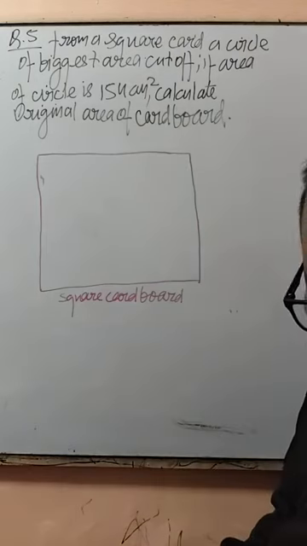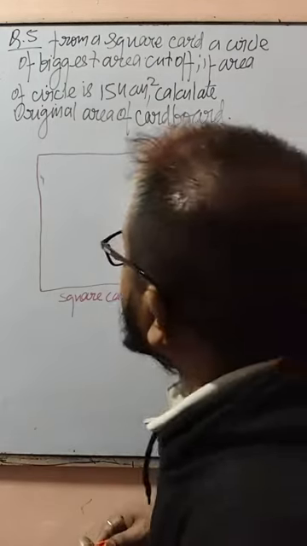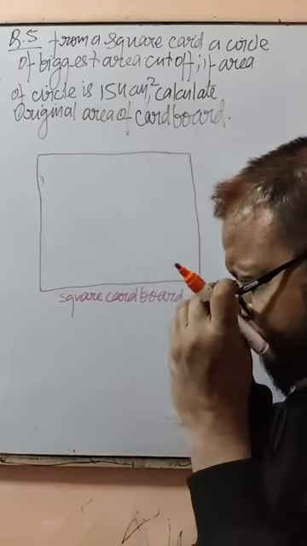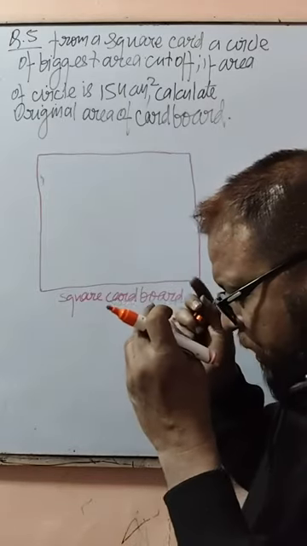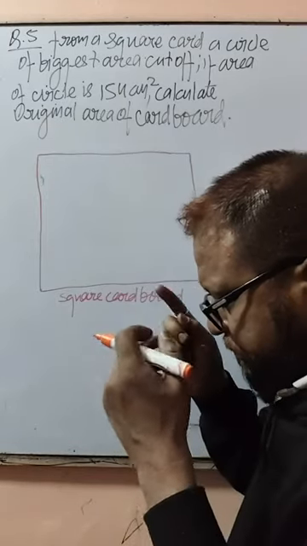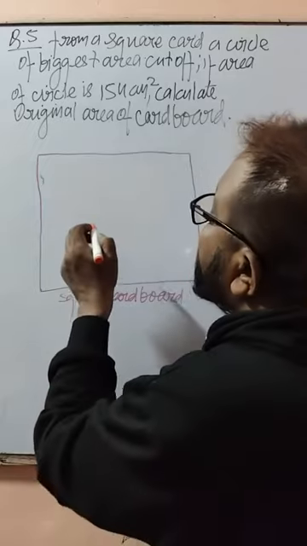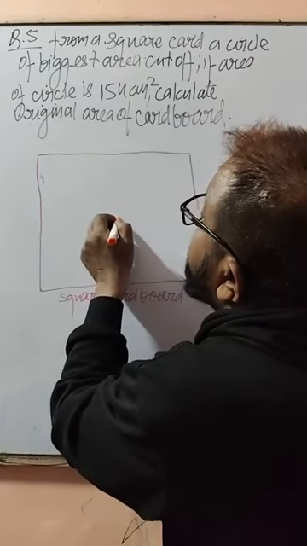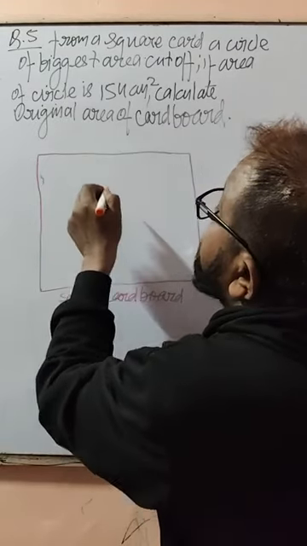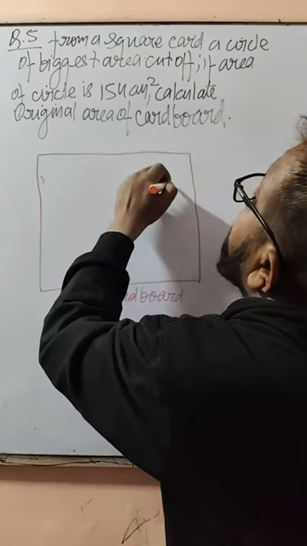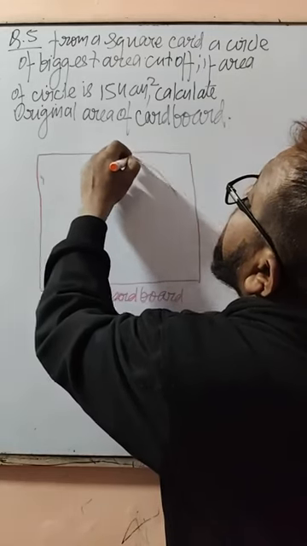Now cut off the circle of biggest area. Okay, if this is the center, so you cut off a circle, right?